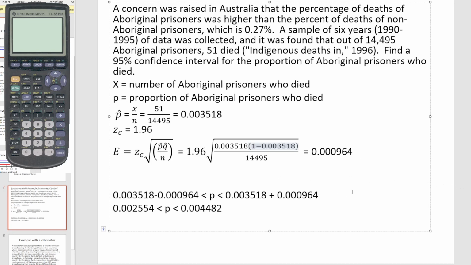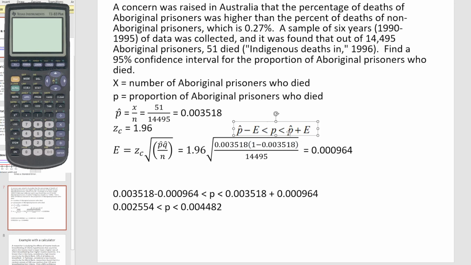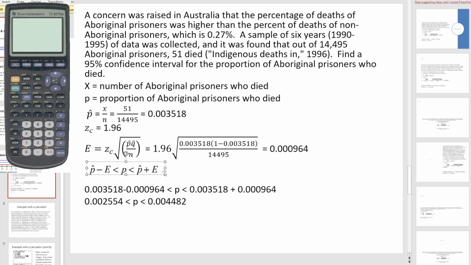This means that our confidence interval is p hat minus E is less than p is less than p hat plus E. I can put this in right here.